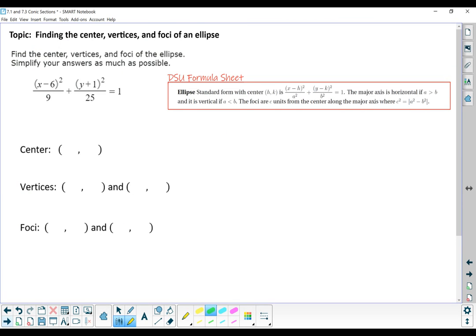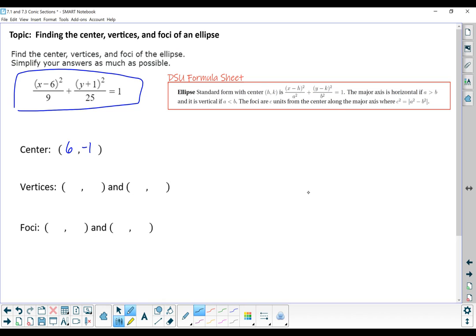Okay, so here's our equation. First of all, finding the center, very easy. It's going to be at (6, -1) for this equation. Now, to find the vertices, I think the best way to do it is to sketch your ellipse. And you don't need to sketch your whole coordinate plane, because some of these may have centers way off to the side one way or the other.